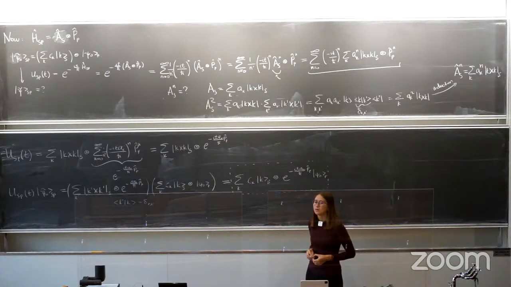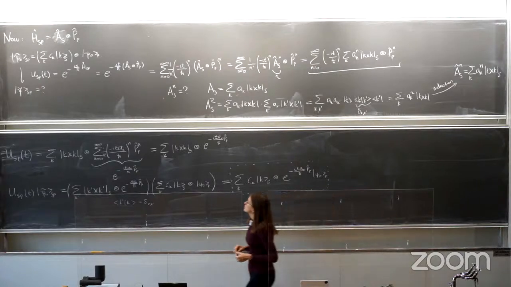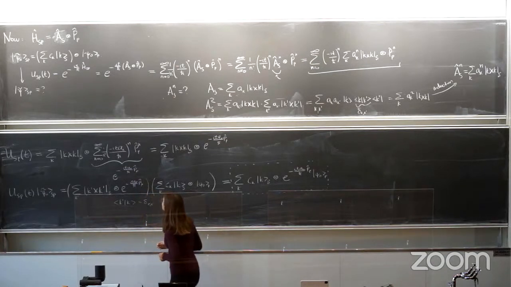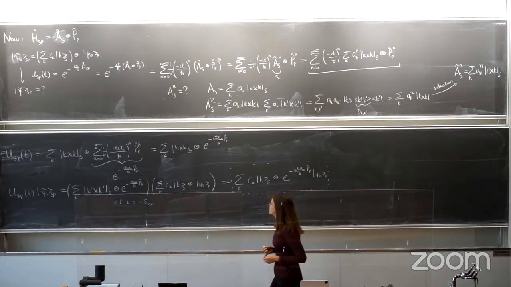On the right-hand side, we have a_k. So the tensor product on the left for the second, we also have a_k, but we sum over k prime. Right? Yes. Okay. This is a good point. This is k prime. Sure, but on the right-hand side, we already have k on the right of the equation. So the solution is k.